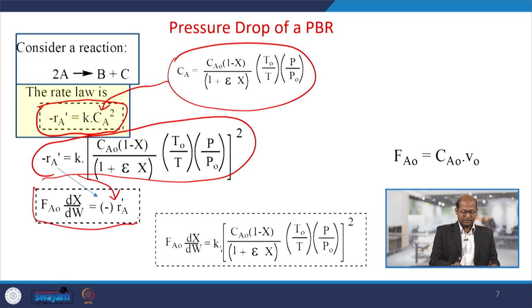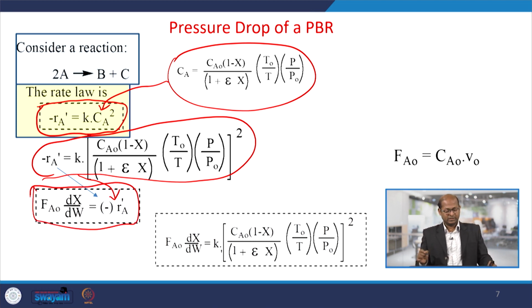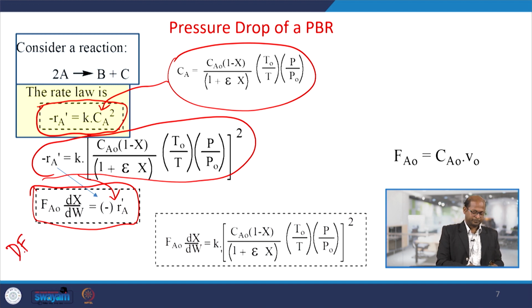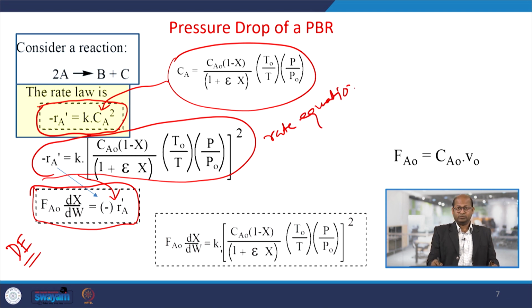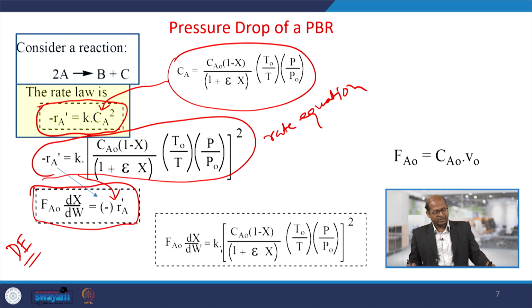Now this rate equation, minus r A prime, we will substitute in the design equation. This is the design equation for the packed bed reactor, and this is the rate equation.